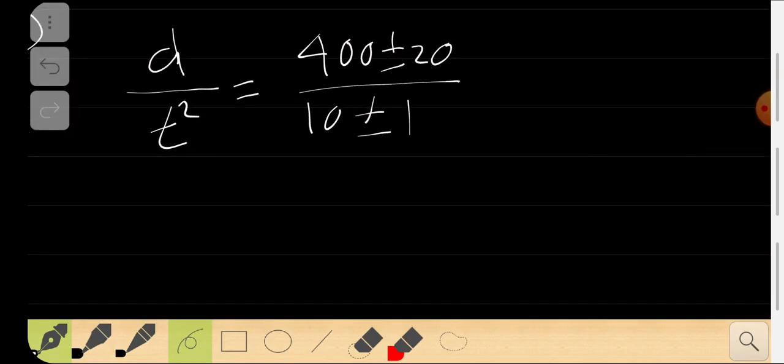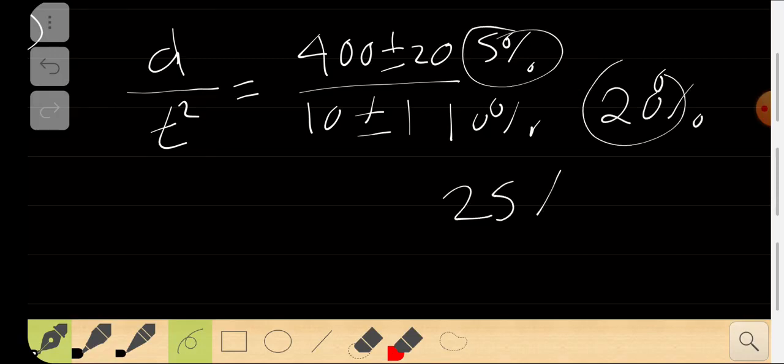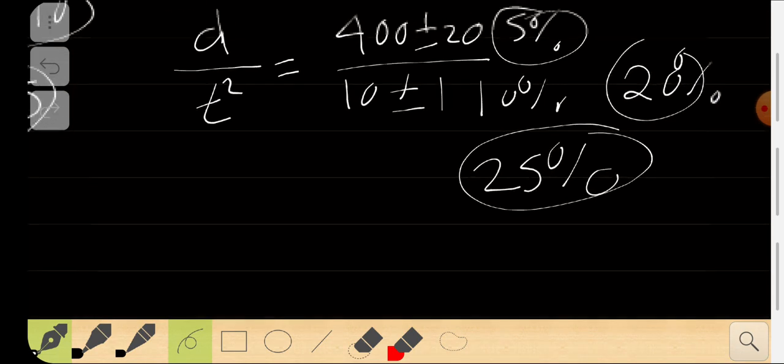And you do that again, you get 5 percent and 10 percent here, and t square will be there, right? T square means there will be 20 percent error. So in total you have to look for 25 percent. So 25 percent is the total estimated error that you are going to have.